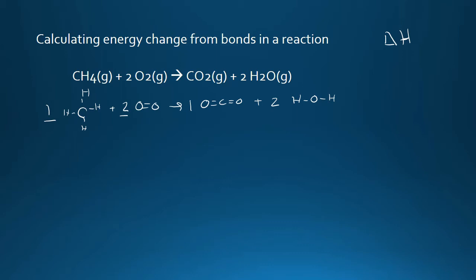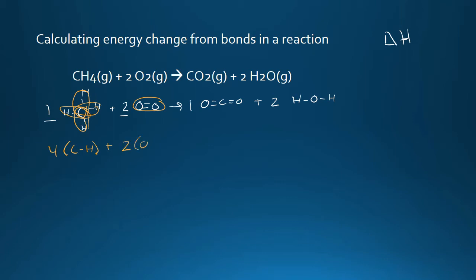Seeing in this methane molecule, we have 1, 2, 3, 4 carbon hydrogen bonds. So I'm going to write that right below it. So I have 4 carbon hydrogen bonds. If we look at the next one, we just have 2 atoms, so essentially 1 bond represented.